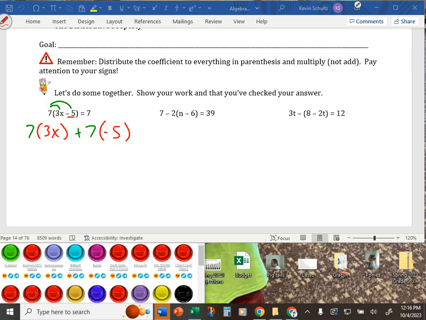Remember that sign belongs to the 5 there, right? So we're taking that 7 and we're distributing it into the parentheses and multiplying each term in the parentheses by that coefficient 7. And what is 7 times 3x? 21x. Positive 7 times a negative 5 is a negative 35, and total that equals 7.